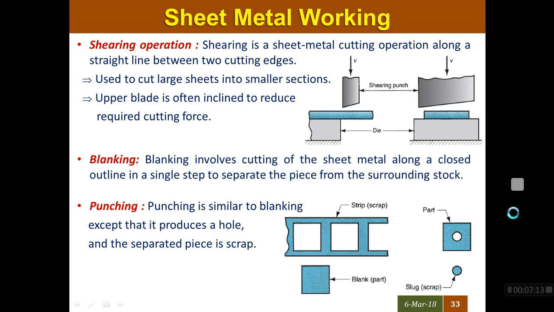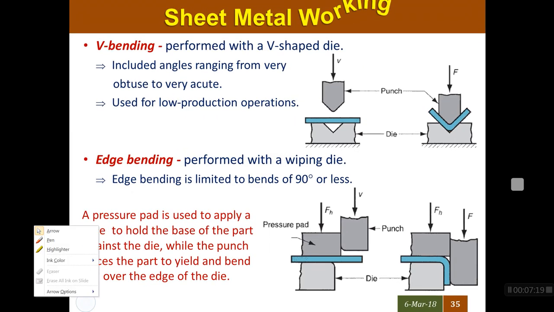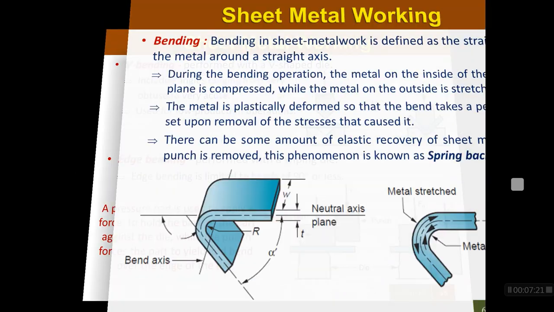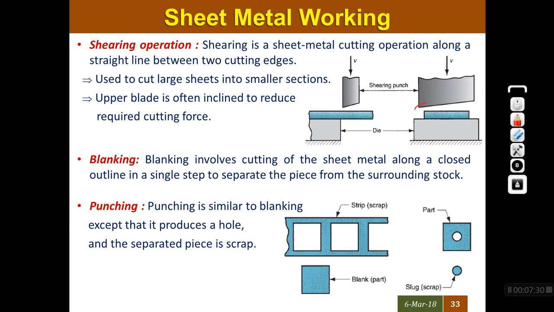So here you can observe the shearing punch with a sharp cutting edge, and against this stationary, fixed die, the punch is cutting the sheets. That's the cutting operation or shearing operation. Between the two cutting edges along a straight line it is cutting the sheet metal. Hence that is shearing operation.